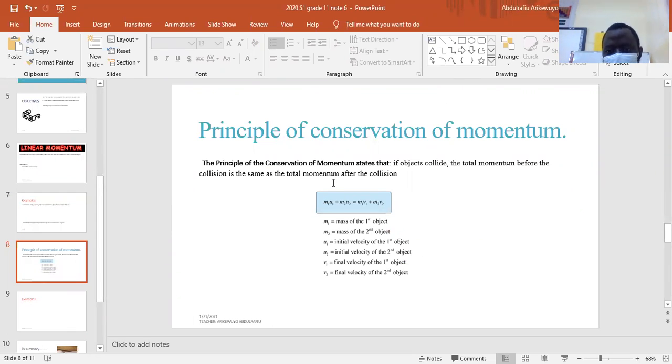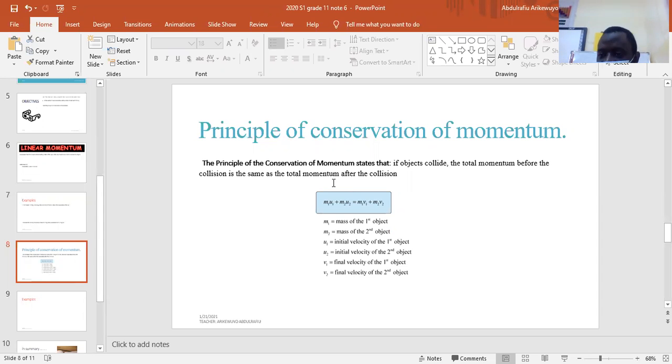Are you following? So the conservation states that the total momentum before collision is the same as the total momentum after collision. Before they collide, there is a mass for each of the cars, and there is an initial velocity for each of the cars.